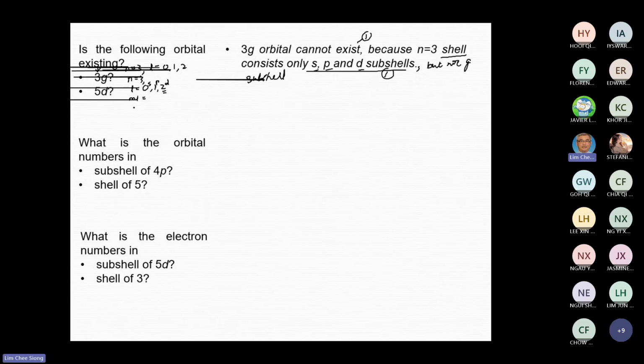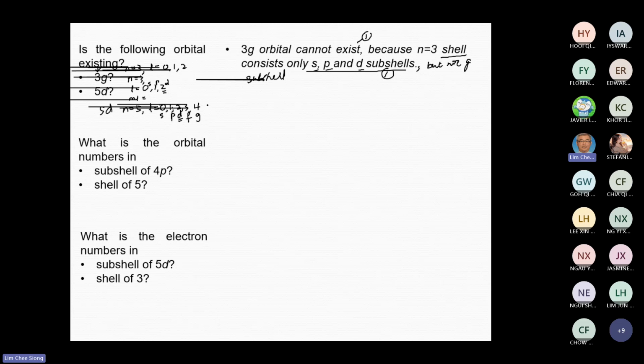Get it? Okay, now we go to 5d. n equal to 5, then we know the l value can be 0, 1, 2, 3, and 4. Then write it down: 0 is s, 1 is p, 2 is d, 3 is f, 4 is g. Okay, 5d, does it exist? Yes, 5d is over here.